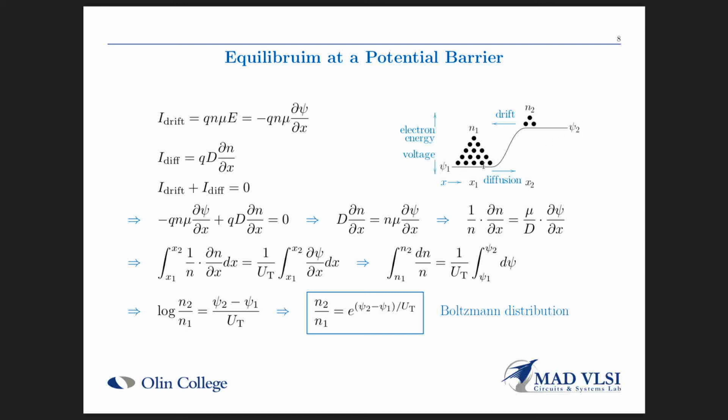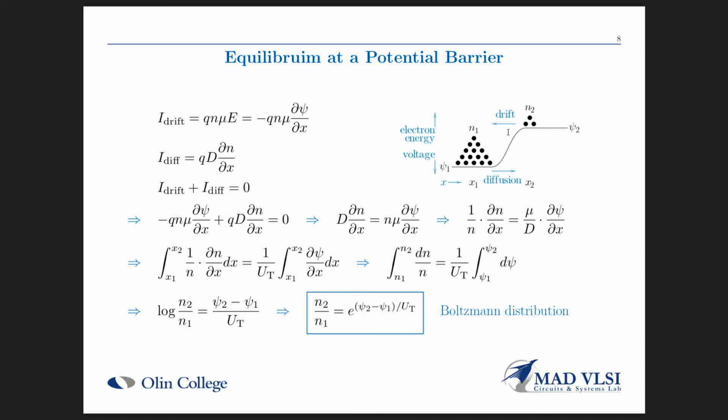In this range of positions, say x1, the potential is psi 1, and at x2 we have a potential of psi 2, and we have, let's say, a lot of electrons here at this lower potential, because the electrons like to go downhill, and relatively fewer electrons over here, and so there's going to be a tendency of electrons to diffuse from higher concentration toward lower concentration. But at the same time, we've got some change in potential here, which means that there's an electric field in this region, and so there's going to be a tendency for them to drift in this direction.